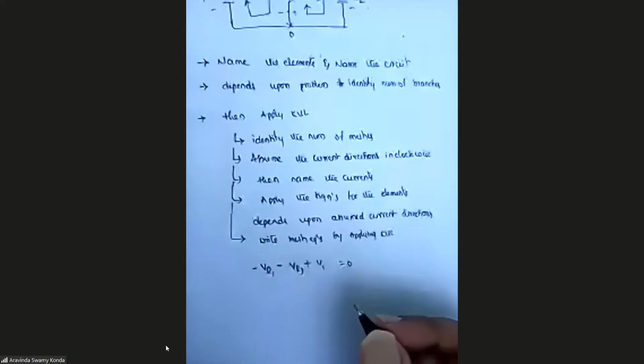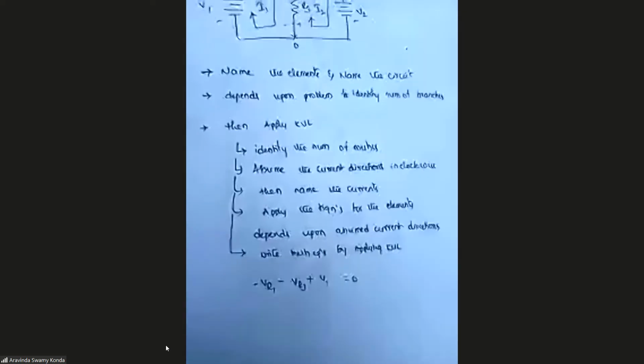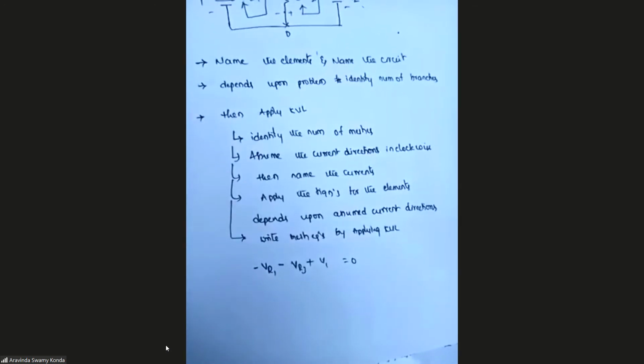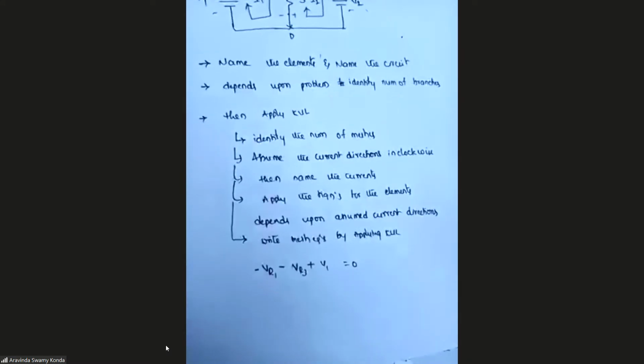Now we write the voltage drops in terms of the currents and resistances. Minus VR1 is the current flowing in R1 times the resistance of R1, the product of these two values. What is the current in R1? I1. Very good. So minus I1 R1.